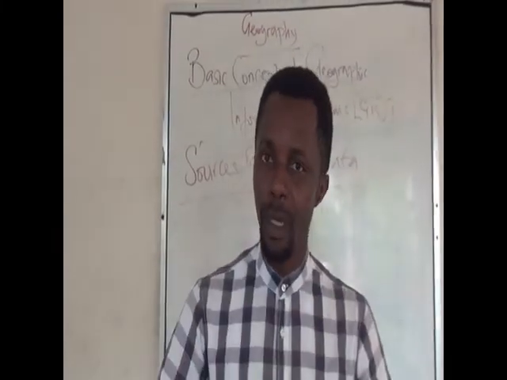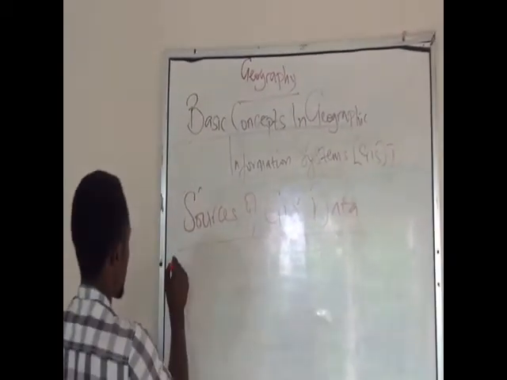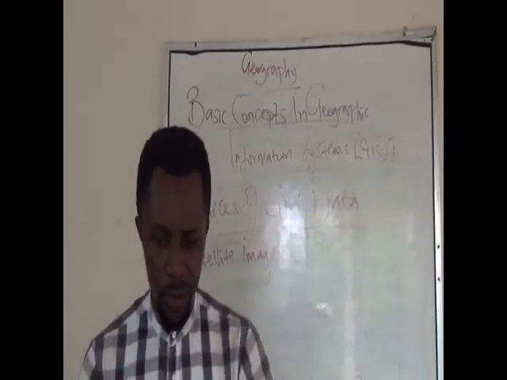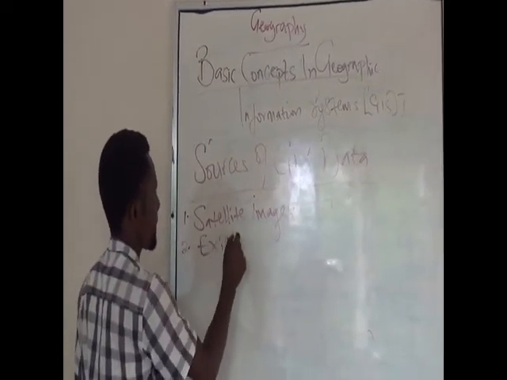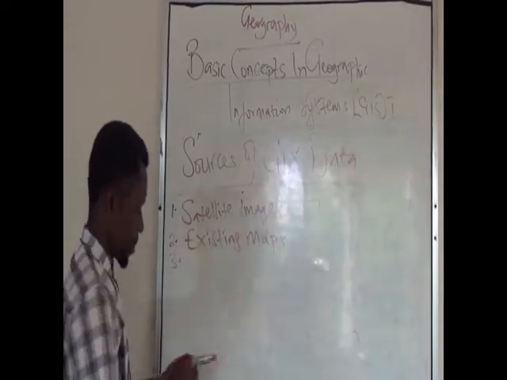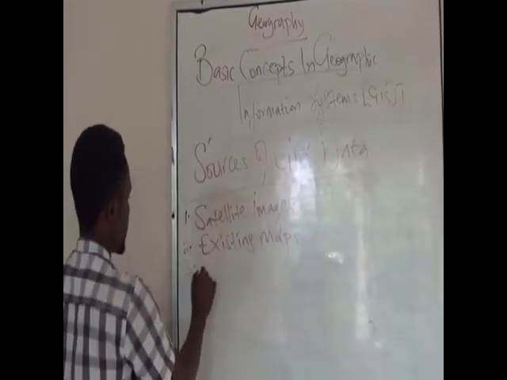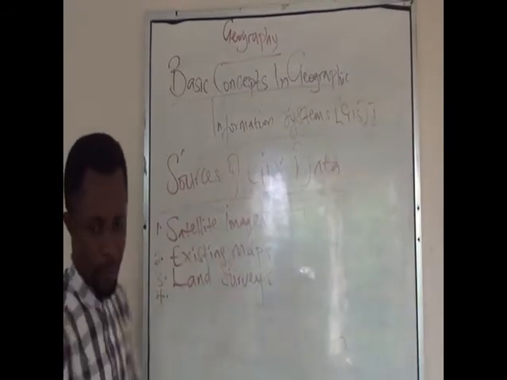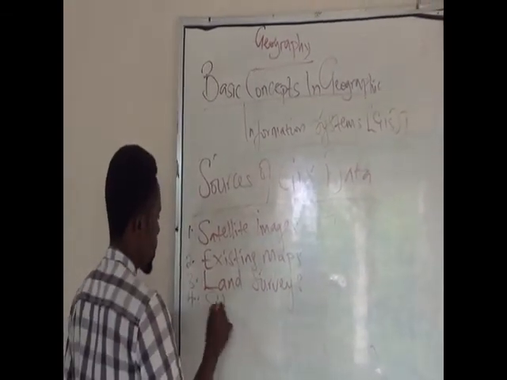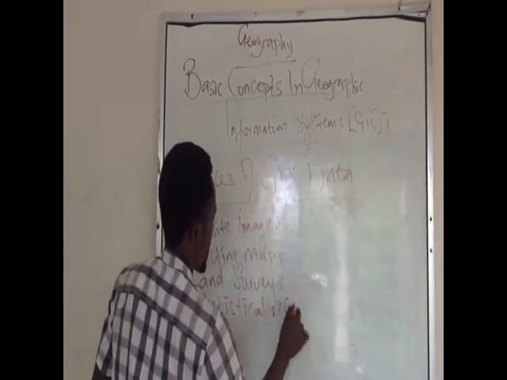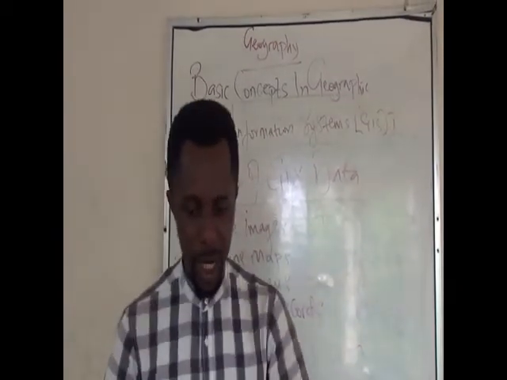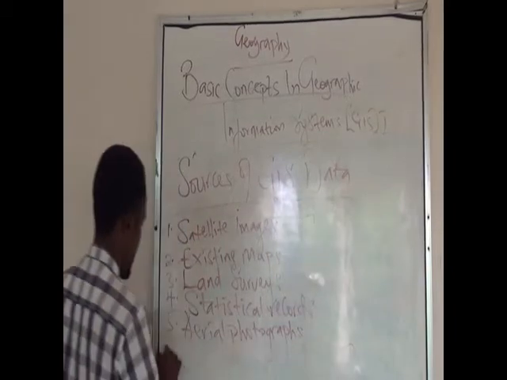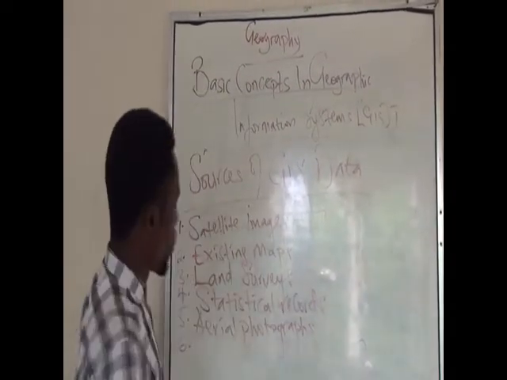Geographic data can be obtained from various sources, and these sources include: number one, satellite images; number two, existing maps; number three, land surveys; number four, we have statistical record; number five, we have aerial photograph; and finally, number six, field work.